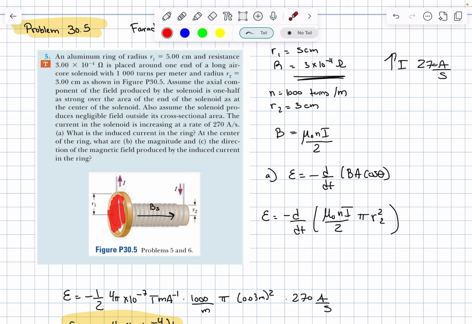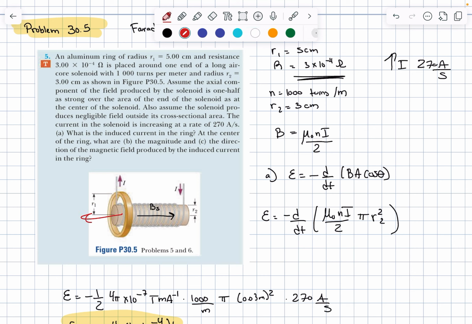So the flux going through here is increasing in this direction, right? So it's getting stronger and stronger every second. And we know that the current induced has to be such to oppose this motion. So we know that the current around this circle here has to be such to create or induce a magnetic field that is going in the opposite direction.